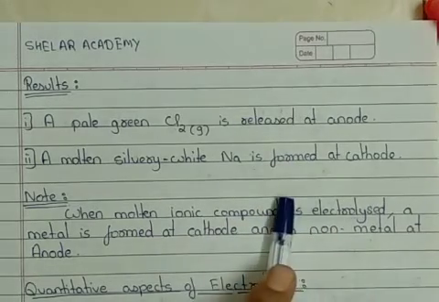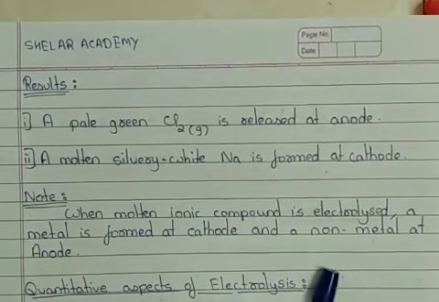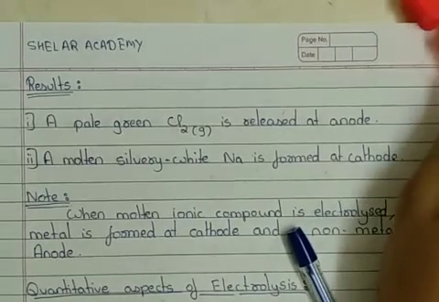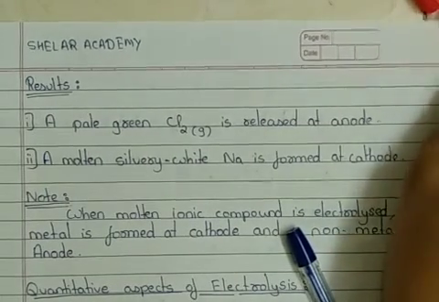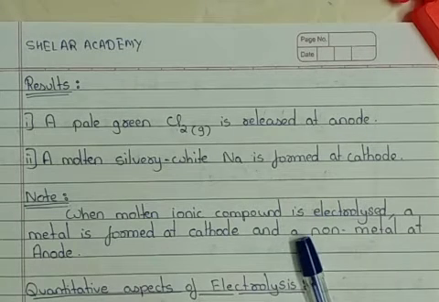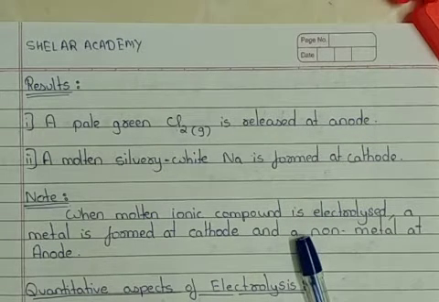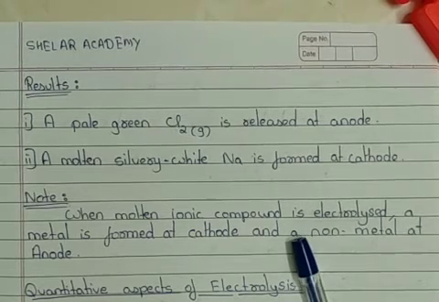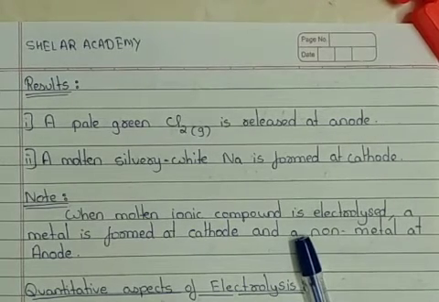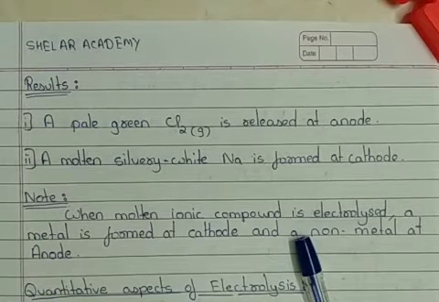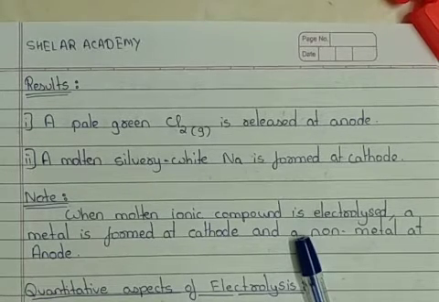It is not compulsory that they will give you only electrolysis of molten NaCl. They can give you electrolysis of any given electrolyte. As I mentioned, an electrolyte means an ionic solid. So one important thing we need to know is that in a given ionic solid, metals will always form cations and non-metals will always form anions.